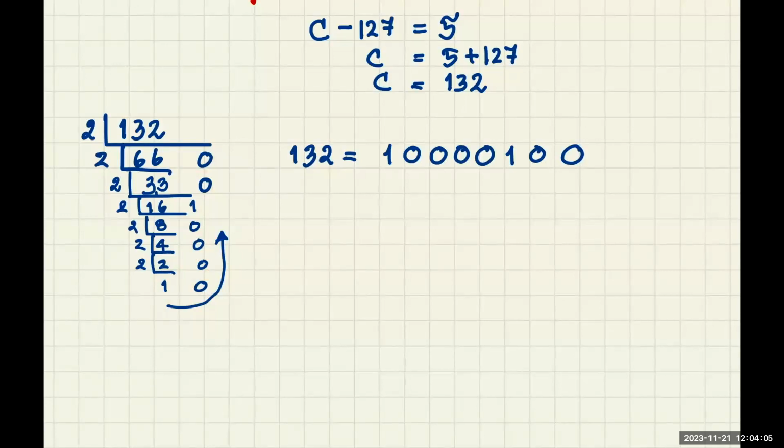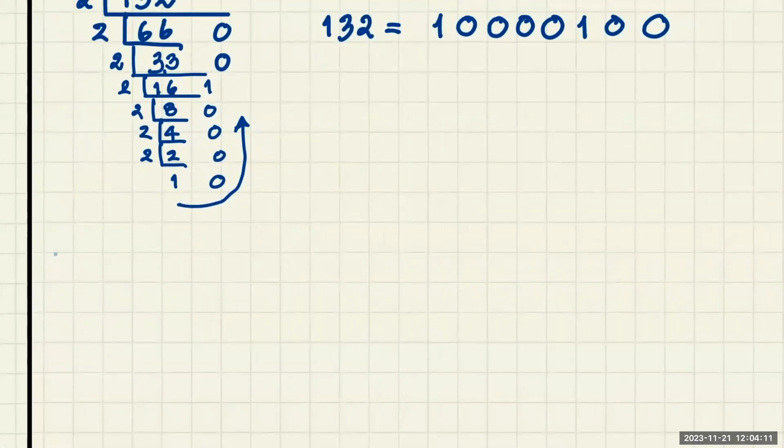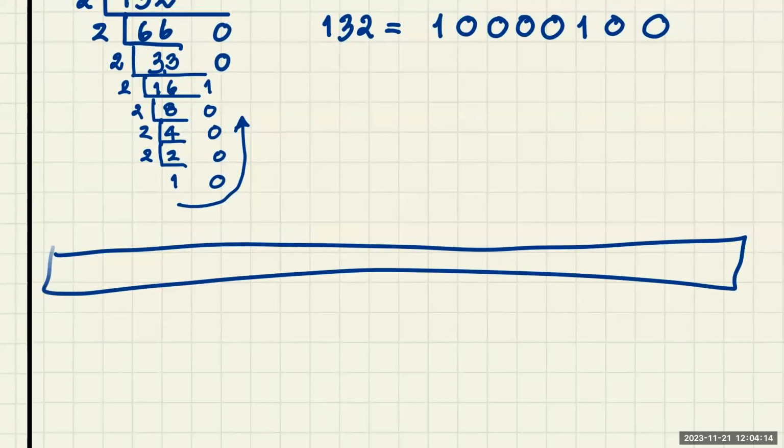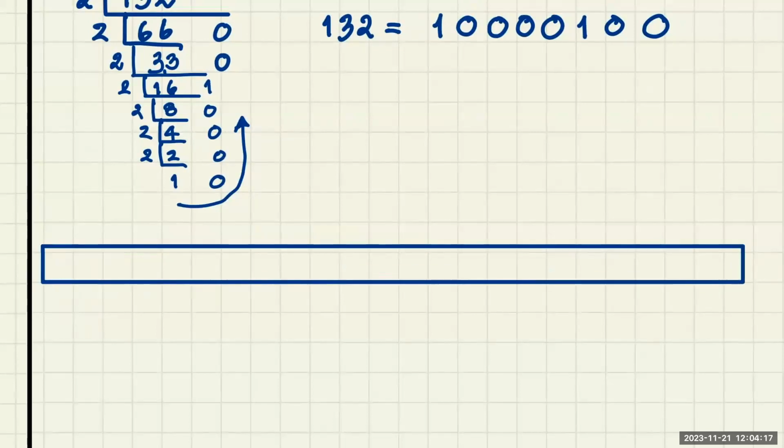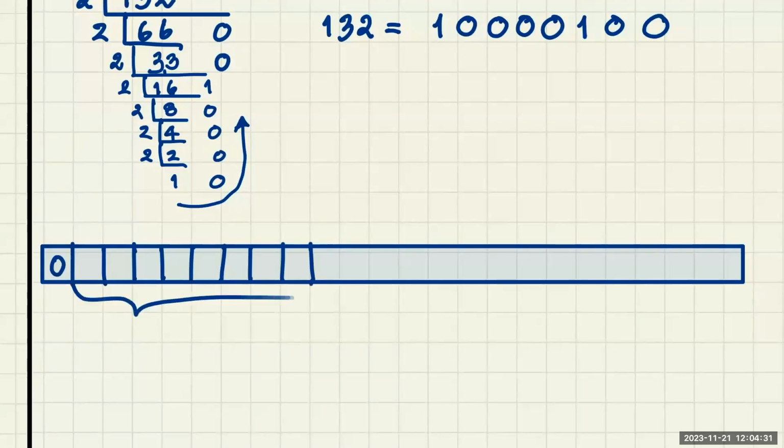And this number is a positive number, so the first bit is going to be 0 because it is positive. Then 8 bits, 1, 2, 3, 4, 5, 6, 7, 8, store C, so it is 1, 0, 0, 0, 0, 1, 0, 0. What else do you have?